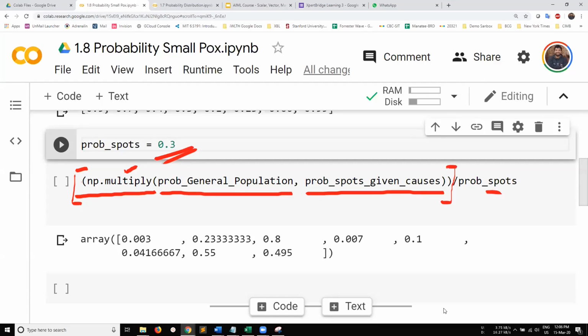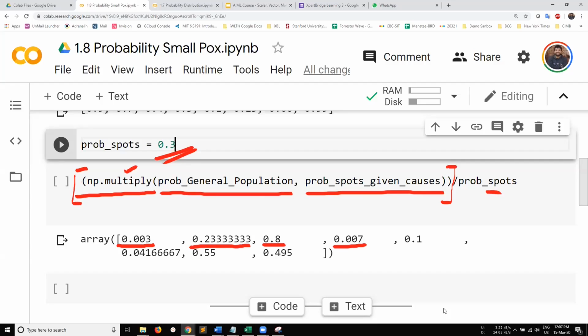So these numbers are the same. As you can see, this is the probability that he is suffering from smallpox. This is for chickenpox. This is acne. This is skin cancer, and so on. So this is how we arrived at these numbers using the Bayes theorem in the Excel sheet.